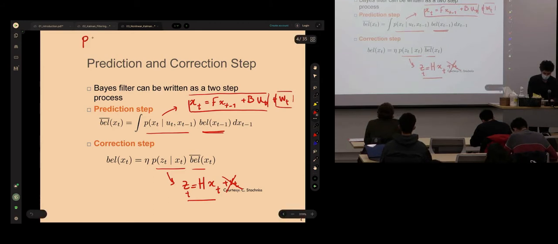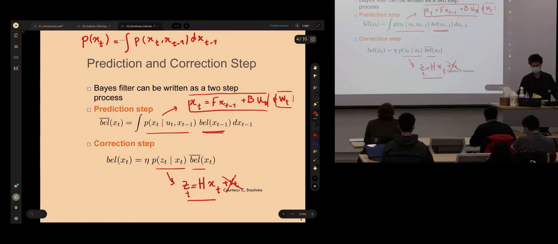If you have a joint distribution of x_t and x_{t-1}, the marginal distribution of x_t equals, according to the law of total probability, the marginalization rule, summing over or integrating over the joint distribution of x_t and x_{t-1}.